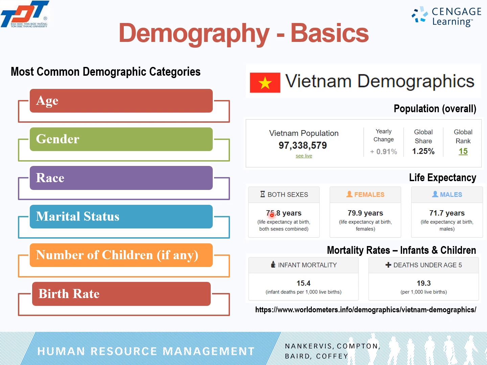What is interesting, and it's not only unique to Vietnam, is the fact that females usually live longer than males. In the case of Vietnam, the difference is more than 8 years. So women in Vietnam usually live about 8 years longer than men.